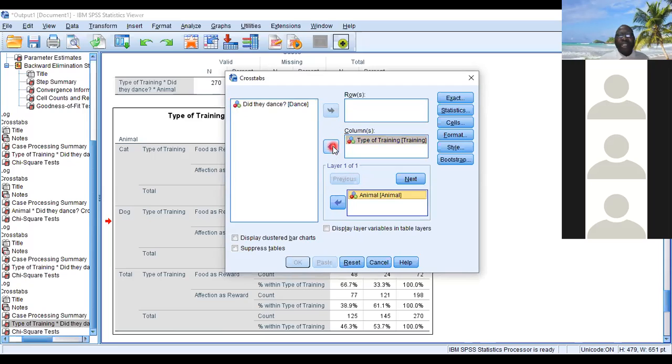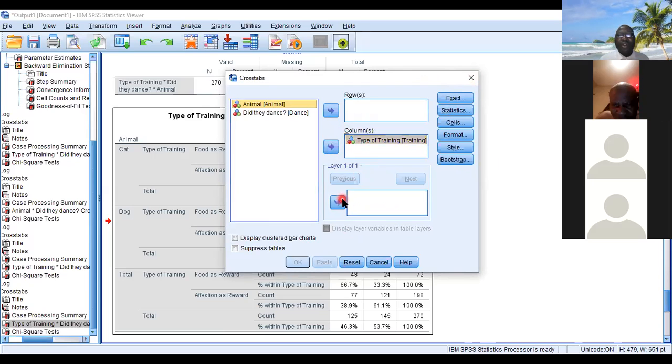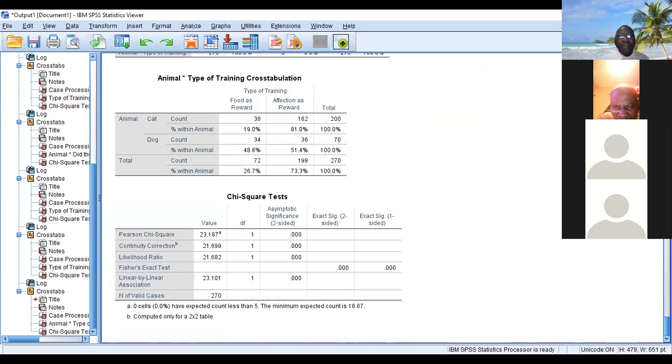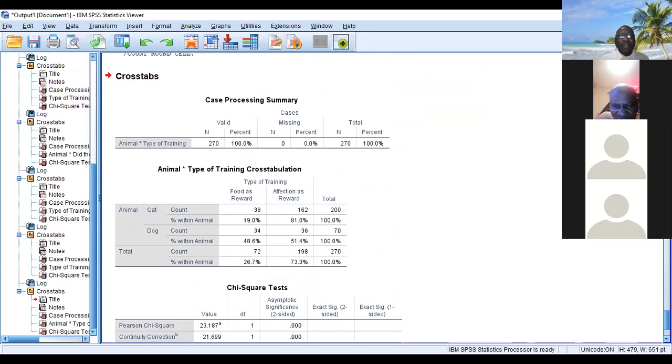Animal will be the exposure. Let's see the result. You see?